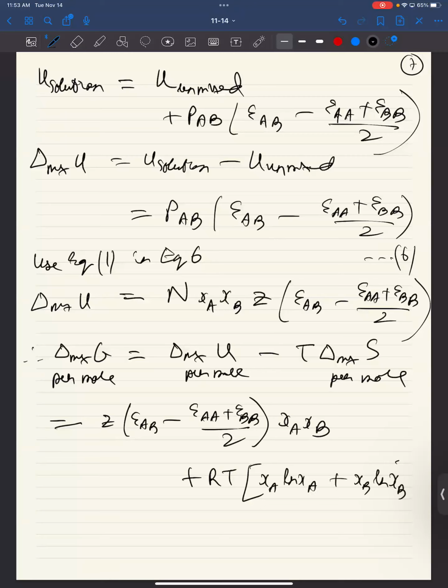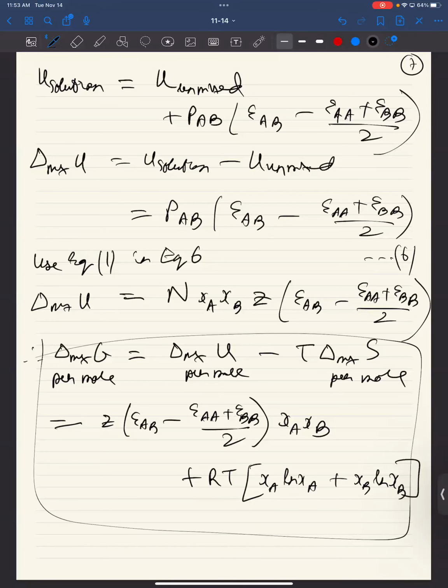So this is the final expression for the quasi-chemical model. And the regular solution model just takes all of this and gives it a name, omega. There we go.